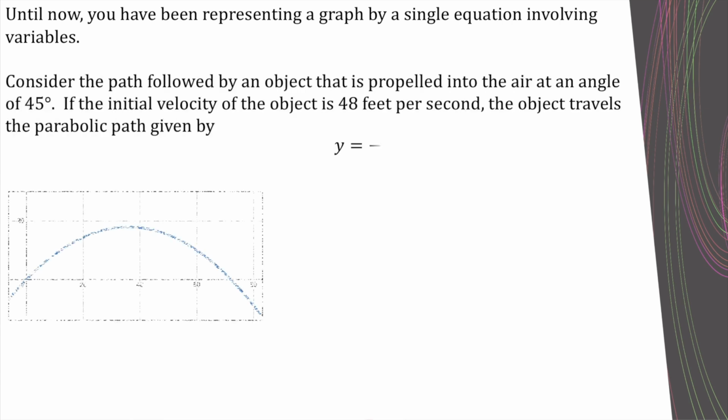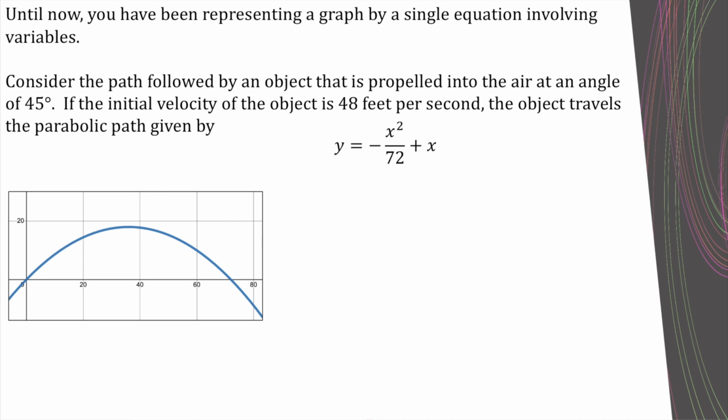Up until now, you've been representing a graph by a single equation involving variables. Consider the path followed by an object that is propelled into the air at a 45-degree angle if the initial velocity of the object is 48 feet per second.